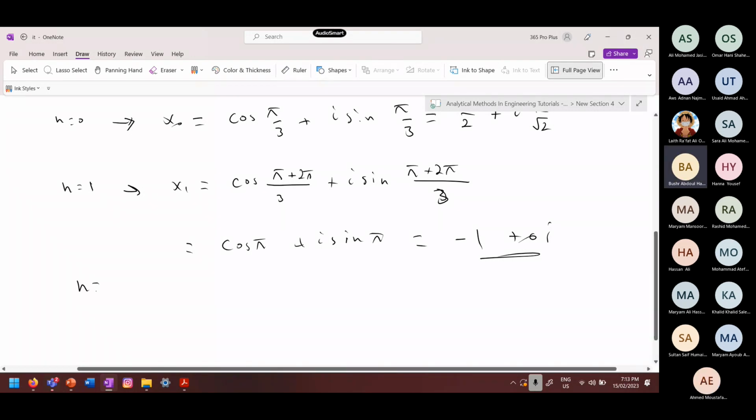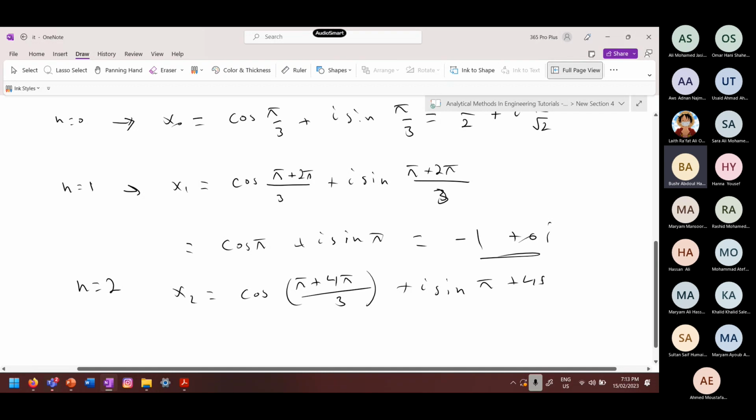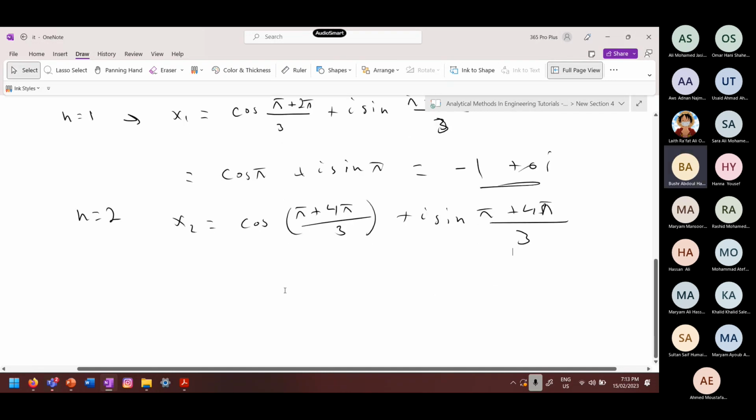Now you'll go to n equal to 2. So x of 2 is cosine of pi plus 2 times 2 pi, which is 4 pi over 3, plus i sine of pi plus 4 pi over 3. Do you know how to use the table that Dr. Shabi sent you?